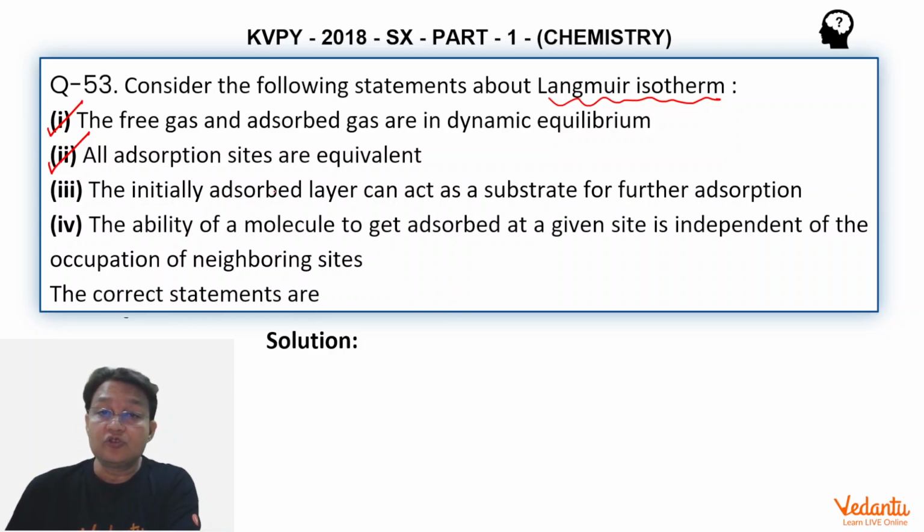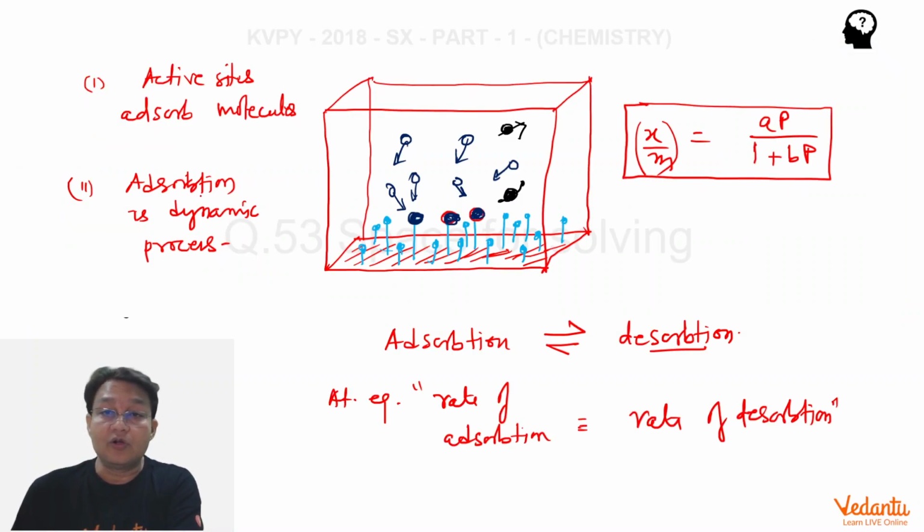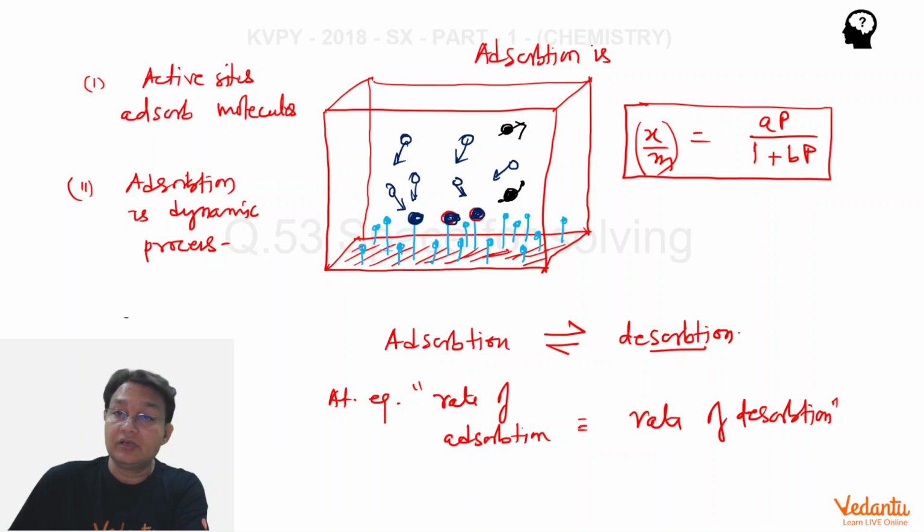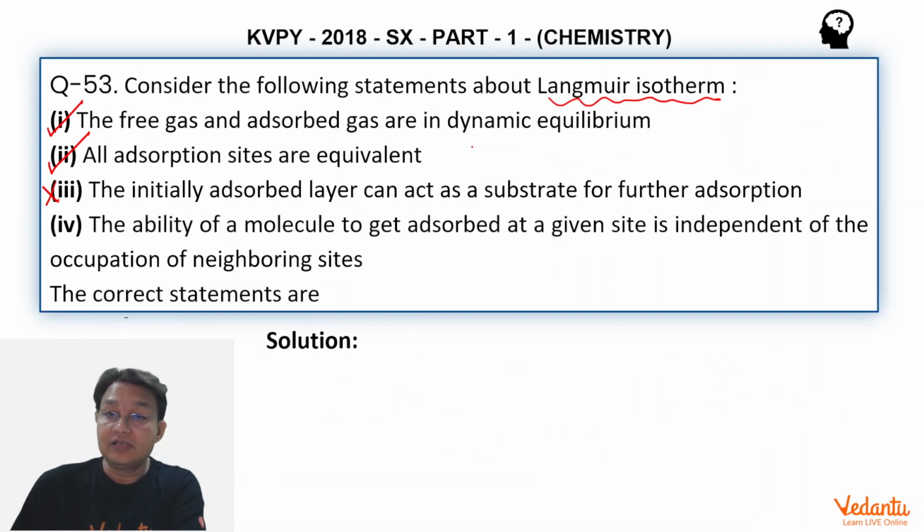That is a wrong statement because adsorption is dynamic in nature, active sites adsorb molecules, and adsorption is monolayered. That is the assumption of Langmuir. This is a factual thing, a part of the theory. So the third option is the wrong option.